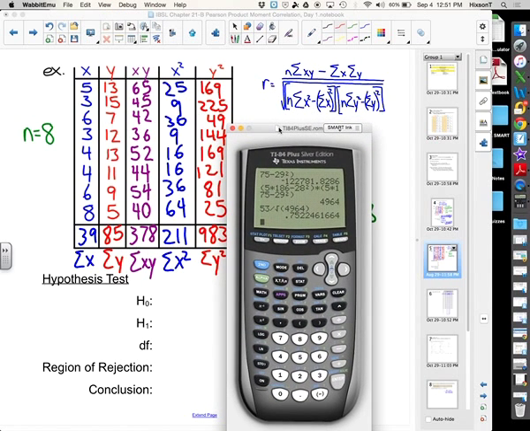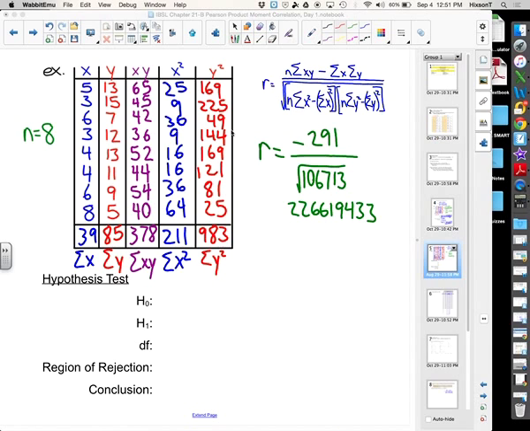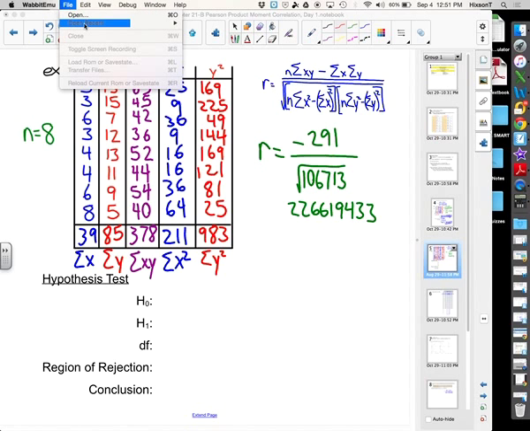Well, let's work this out. This is fine, this is why we're doing this as practice, because honestly, punching this into a calculator is half the challenge. So we have n times the sum of the x squares, so 8 times 211, minus the sum of the x's, which is 39 squared.